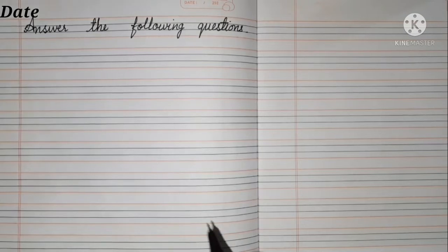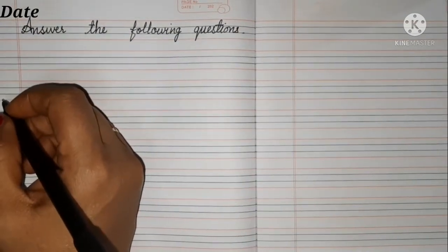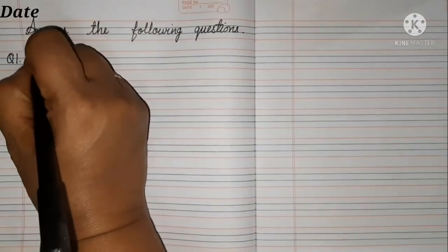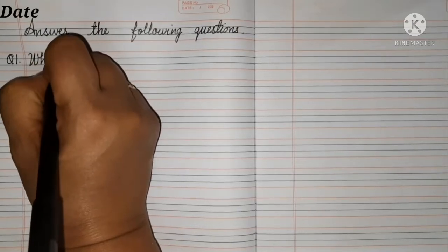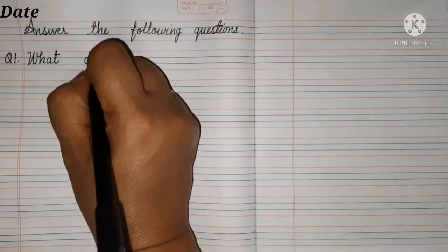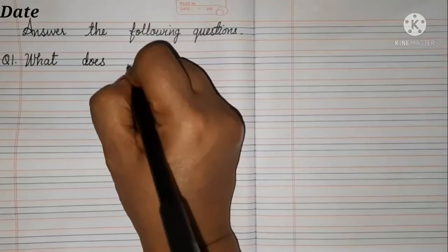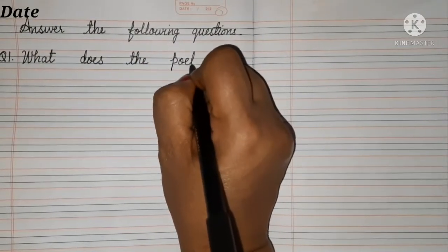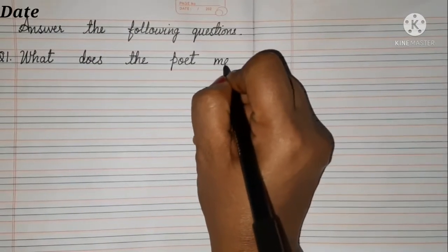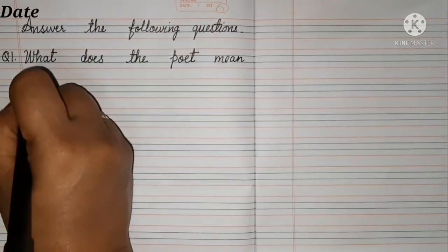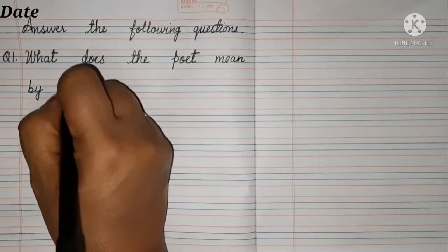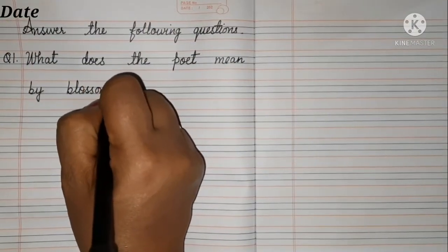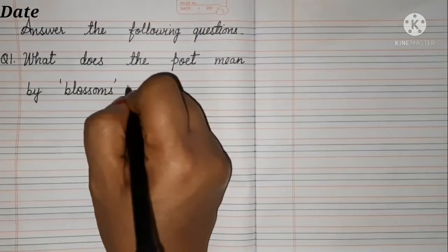Let's write the first question, question number 1. What does the poet mean by 'blossoms'?